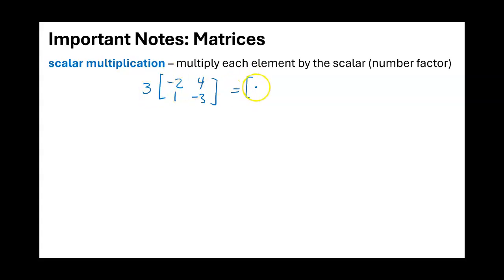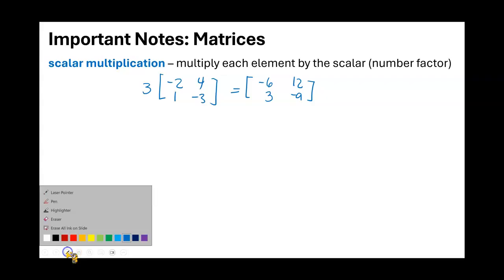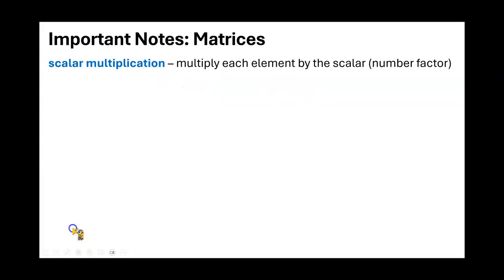So we know that the product is going to be -6, 12, 3, -9. You can also type this in your TI-84 and you will still get the same answer. So moving on, let me just clear this out. All right.